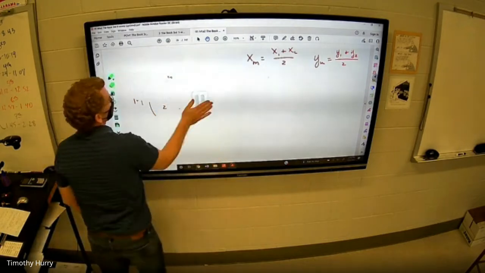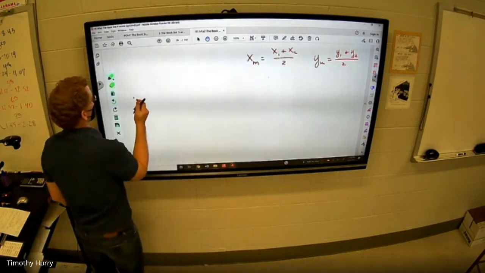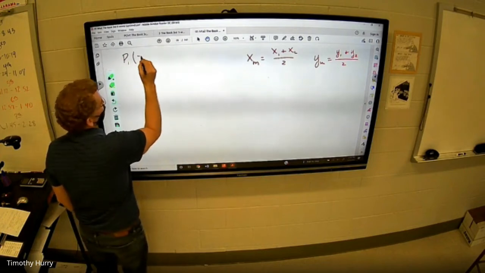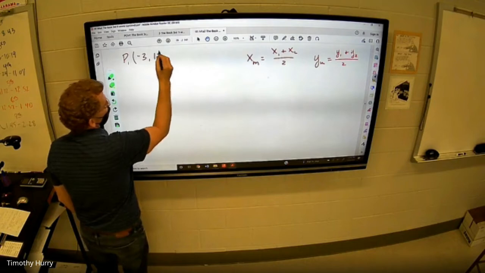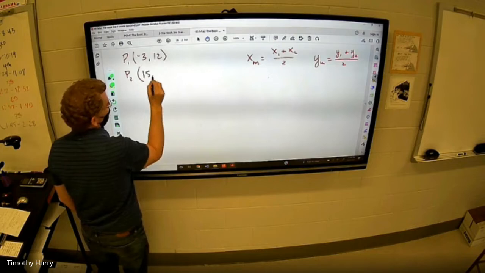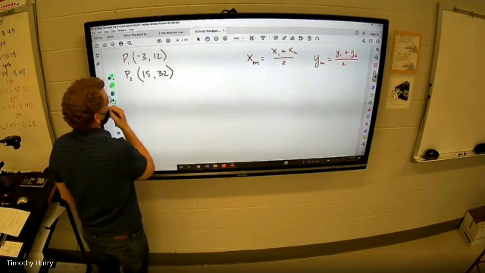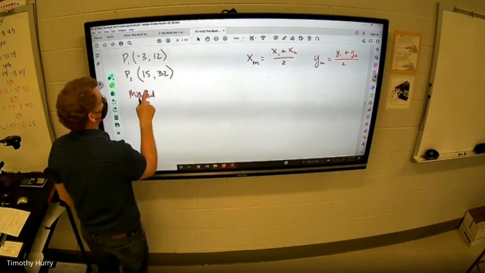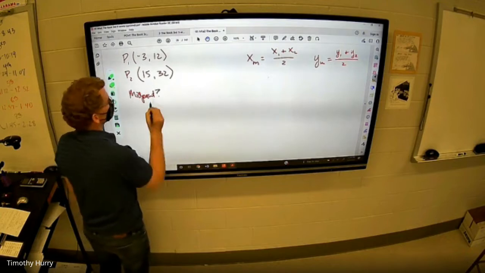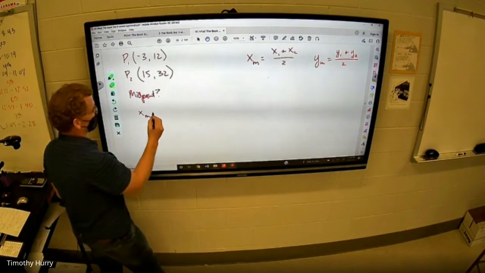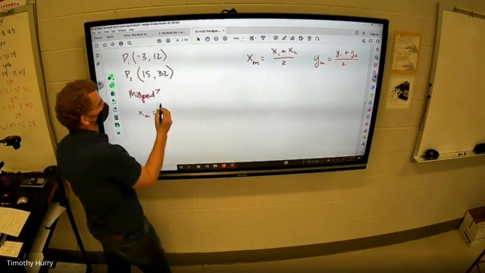Let's say point 1 is -3, 12 and point 2 is 15, 32, and I ask you, what is the actual midpoint of these? All you would have to do is say, the x coordinate of the midpoint, I average the x's.